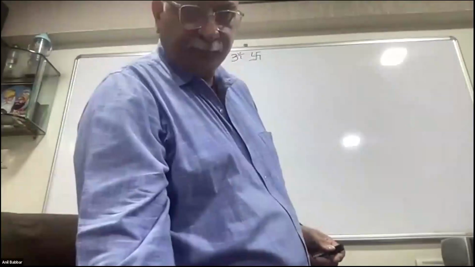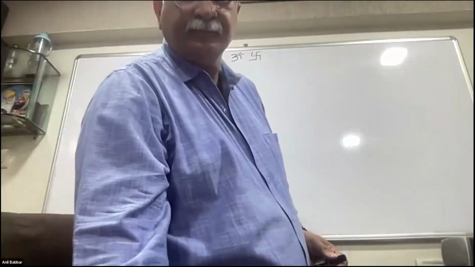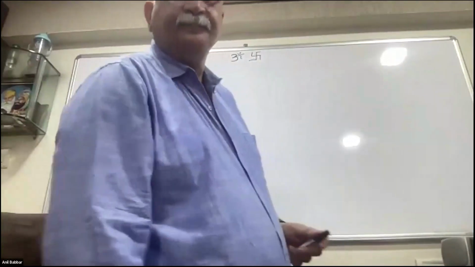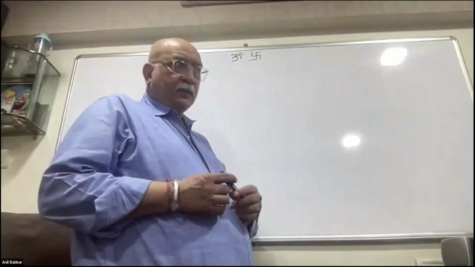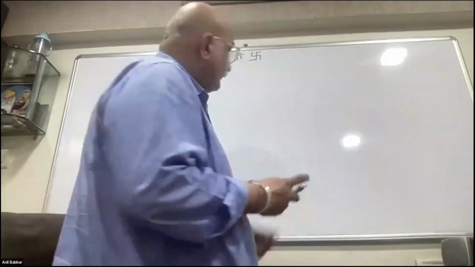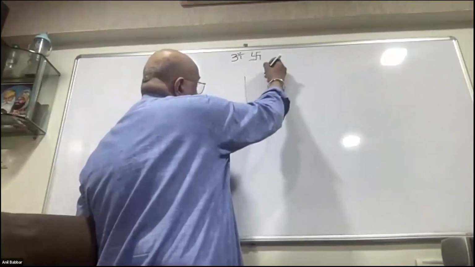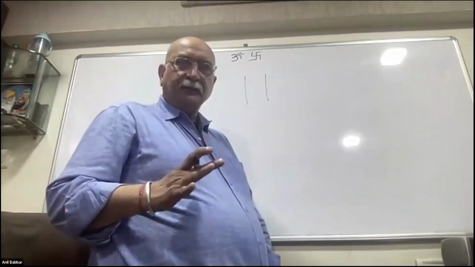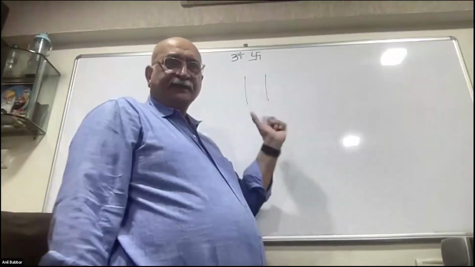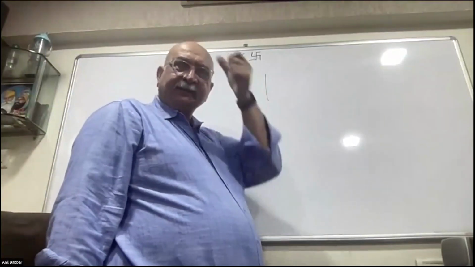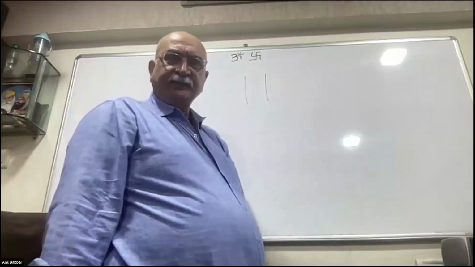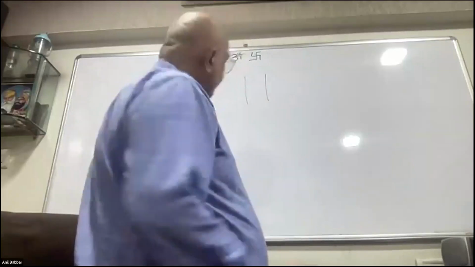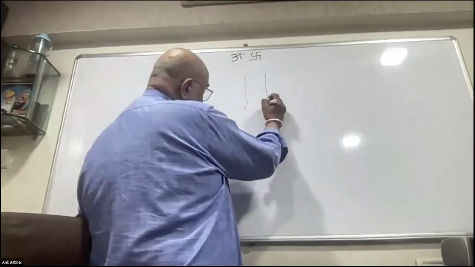Let's take parallel plates. Two plates are uncharged, and suppose some positive charge is transferred from plate 2 to plate 1. So let us consider this plate to be 1, this plate to be 2.